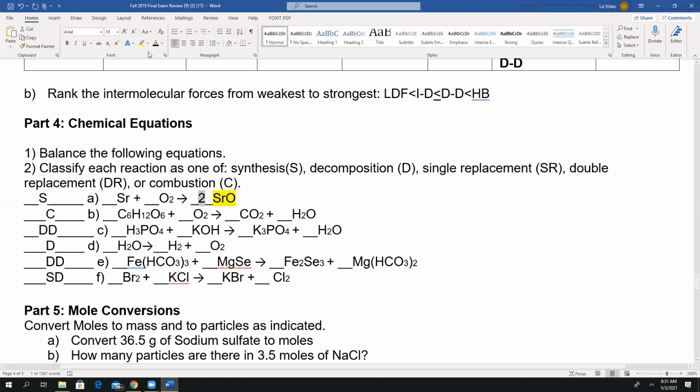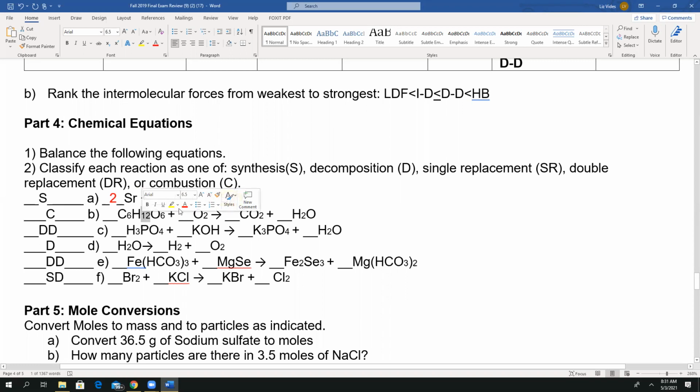Okay, so we have 2. Now we need a 2 here, right? Because we don't have enough of those. That's just so that you see it came from somewhere else. Now that's balanced.